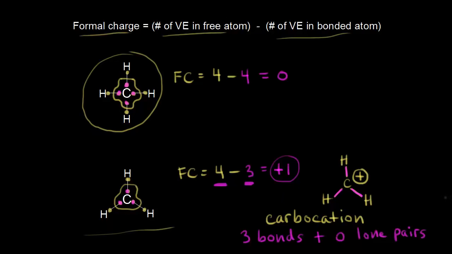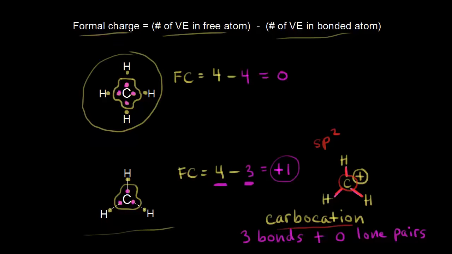What is the hybridization of this positively charged carbon? Well, there's 1, 2, 3 sigma bonds and 0 lone pairs of electrons. And so from the videos on hybridization, you should know this carbon is sp2 hybridized, and therefore this carbon will have trigonal planar geometry around it. And again, that's important when you do your organic chemistry mechanisms. So carbocations are extremely important to understand.